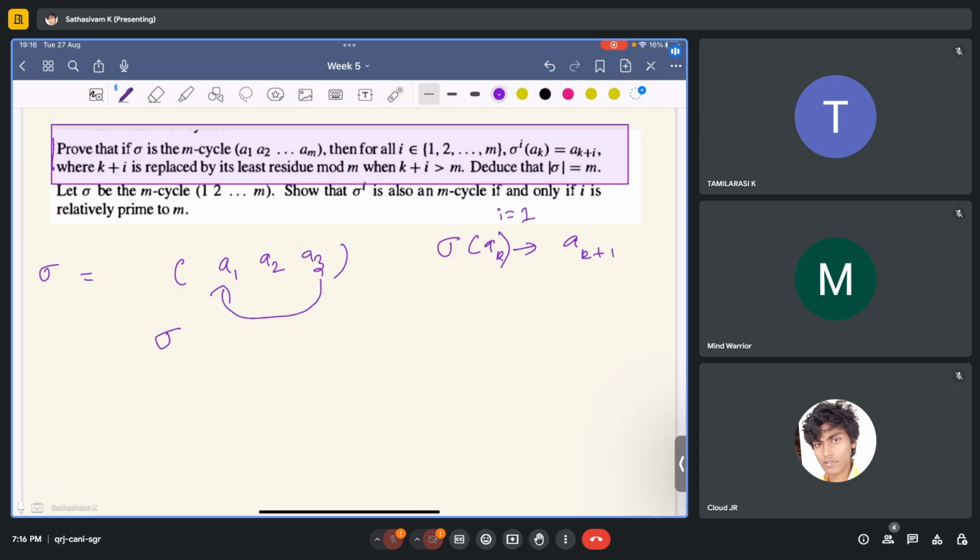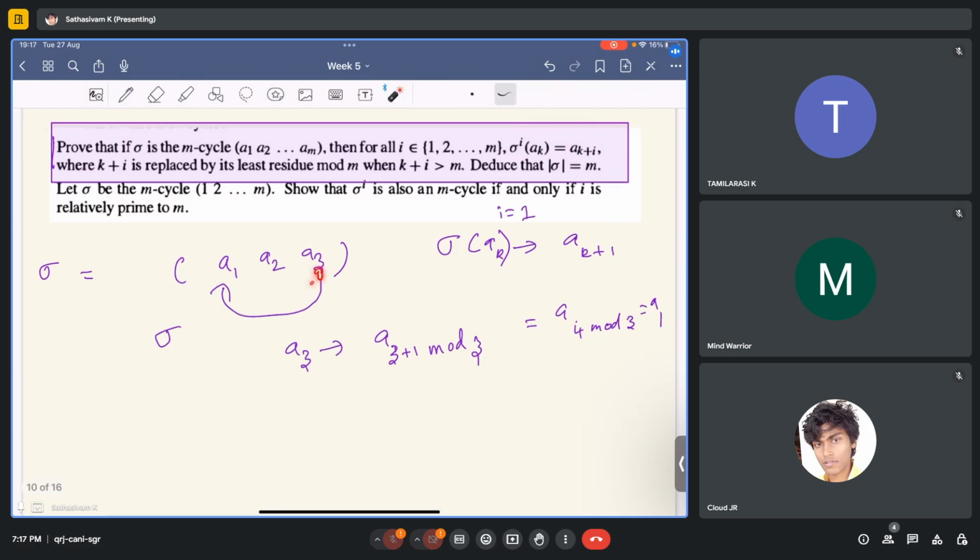That is the same as telling a3 goes to a(3+1) mod 3. 3 plus 1 is a4 mod 3. What is 4 mod 3? 4 mod 3 is 1. So that is what he is trying to say. Once you go beyond this, you just look at the remainder and go back. That's why you take this mod.